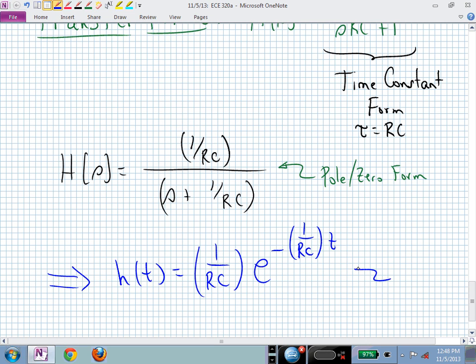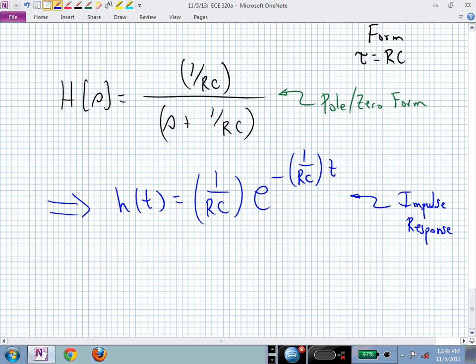And this actually is our impulse response, and we'll maybe see more directly why it's called that in a minute. But you could have written this, your constant now is 1 over RC, but you might see this as e to the minus t over tau, where tau is your RC. And that tells you something about how fast or how slow your system responds to given inputs.